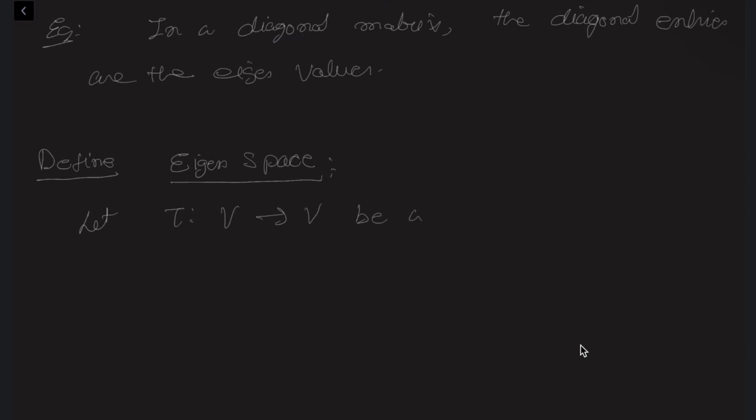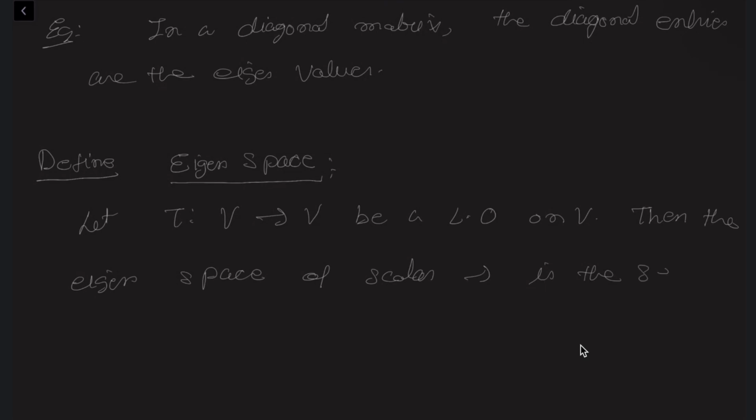Then the eigenspace of scalar lambda is the set of all vectors V such that T of V equals lambda V.